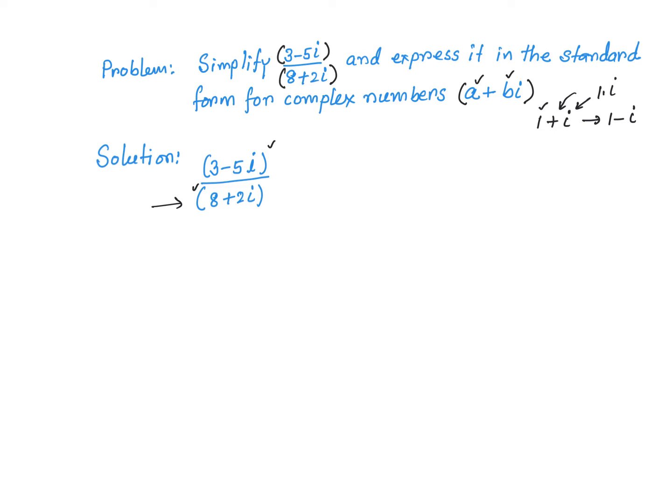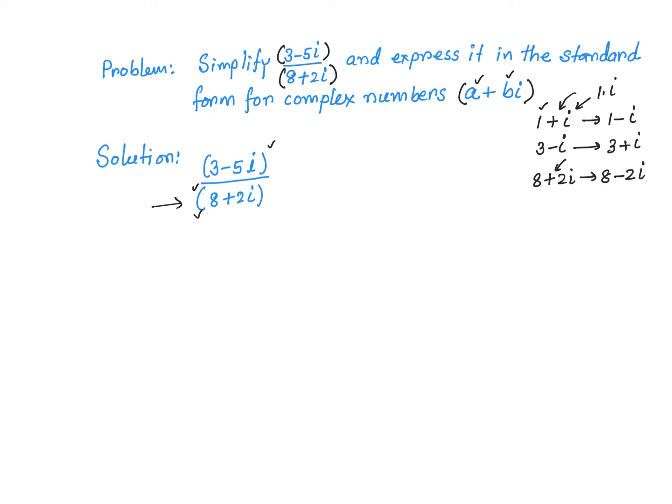For example, if you have 3 minus i, the conjugate of it is going to be 3 plus i. Now in our case, the denominator is 8 plus 2i, so the conjugate is 8 minus 2i.